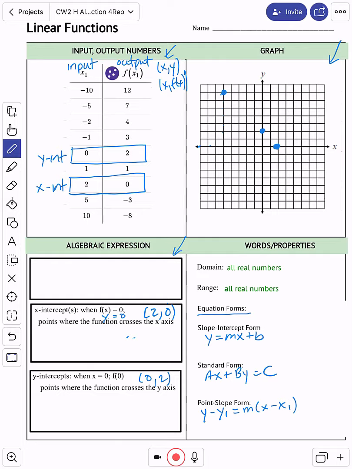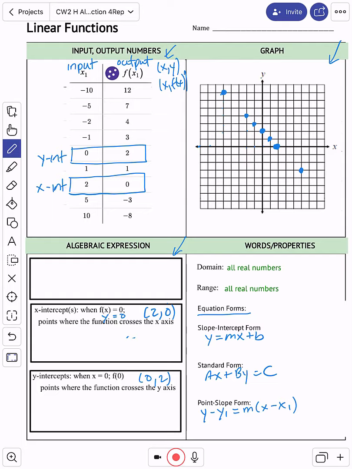If I put in minus 2, what comes out is 4. So it's going to be right here. So if I go to x equals minus 1, I plot 3. If I go to x equals 1, I'm going to plot 1. And if I go to 5, and x, 3, 4, 5, I get to minus 3.